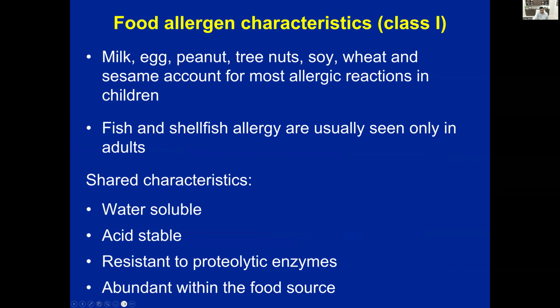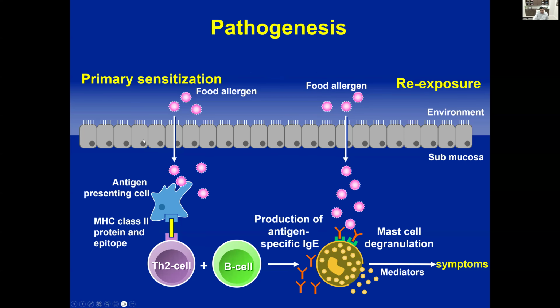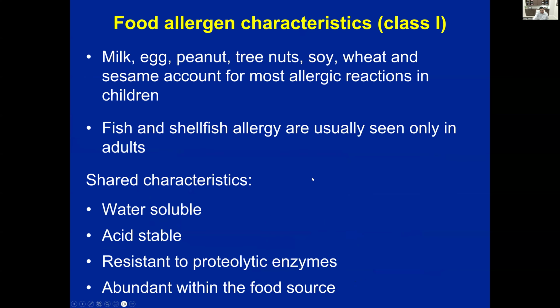All right, so we talked about this general mechanism, which applies to all IgE-mediated reactions. Now, specifically about foods, there are two categories of antigens. You have class 1 antigens, and by the way, what are the common food allergens? You have milk, egg, peanut, tree nut, soy, wheat, and sesame. Those account for most allergic reactions in children.